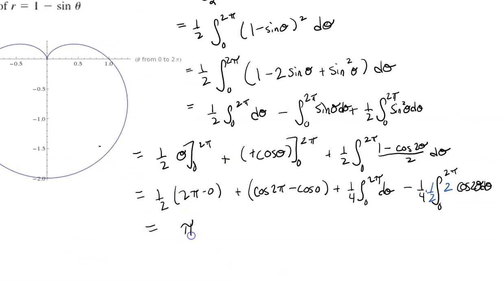So this is pi. This is our 1 minus 1, which is 0. This will be 1/4 times 2 pi minus 0, minus 1/8 times the sine of 2 theta from 0 to 2 pi.